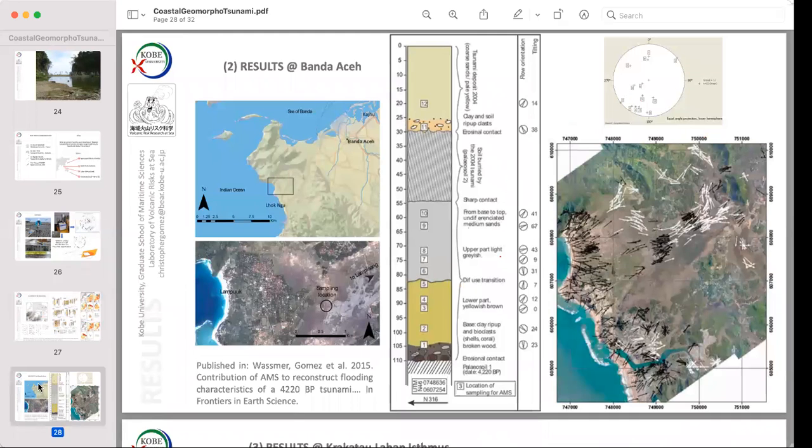So if I go back to Banda Aceh, for instance, that's the location where I showed you the area and the destruction before. What we did is the very same kind of work, using that information on the direction of the waves. So you see, we could reconstruct all of those directions.